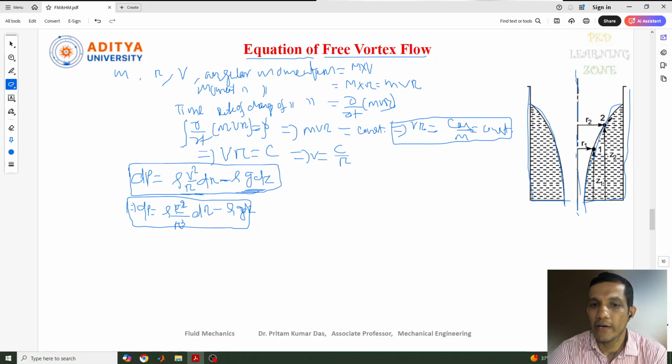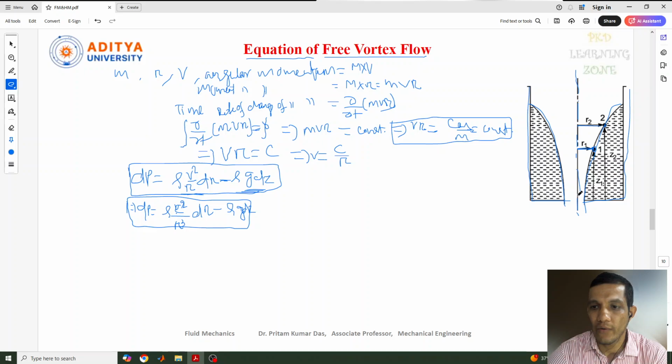Let's consider 2 points, 1 and 2, of the fluid. Suppose the first point 1 is located at a distance of r1 from the central axis line, and the second point is located at a distance of r2 from the central axis line.